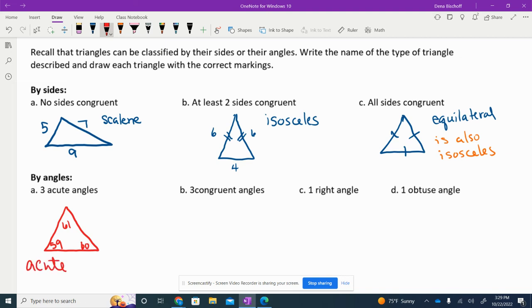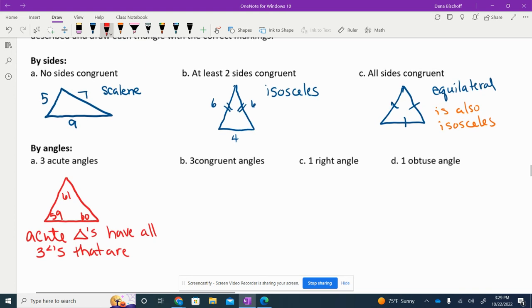Acute triangles have all 3 angles that are each less than 90 degrees. Okay, so acute angles are less than 90 degrees. So you see by the angle measures that I put in there, they don't have to be the same, right?